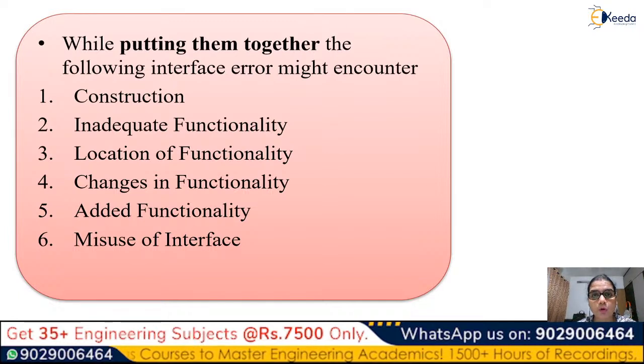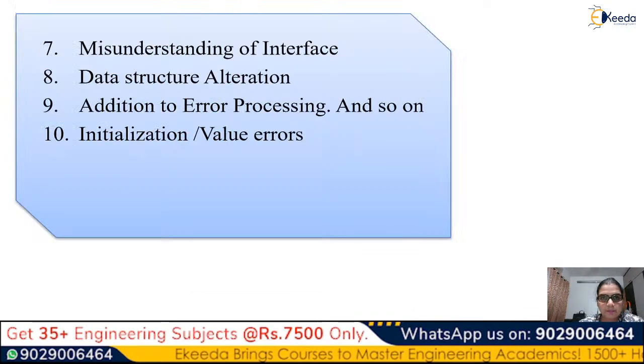In object oriented programming, the class has a visible scope of members: are they public, private, or protected? If my class is A and I'm calling class B's properties, and it is private, I cannot make the call, so that's an error. Then changes in functionality, added functionality, and using a wrong interface.